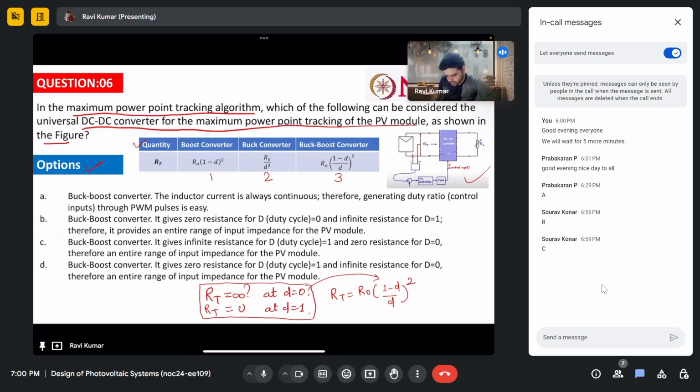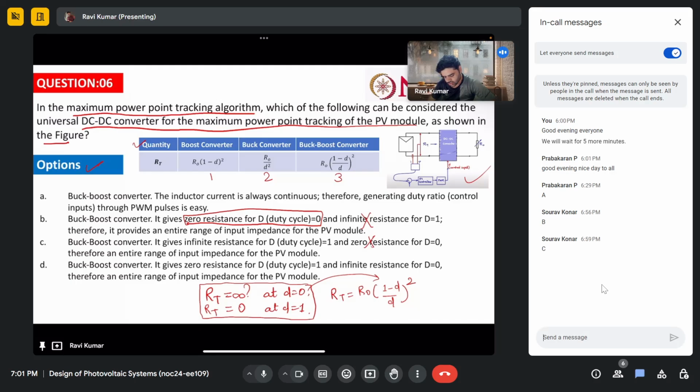Okay, now check. It is saying 0 resistance for duty cycle 0. Here we have infinite. So this is not right. Second says infinite resistance for duty cycle 1. No, because for duty cycle 1 it is 0.